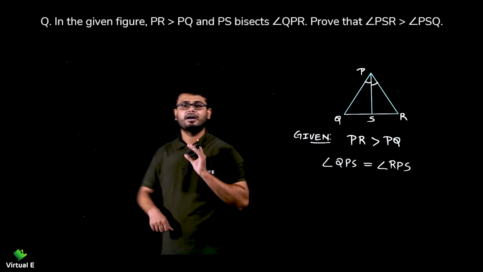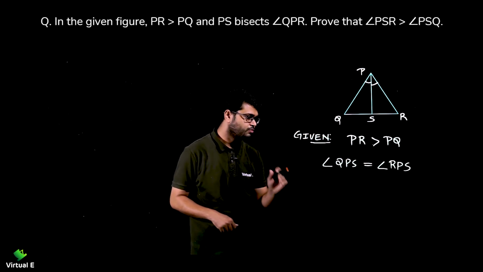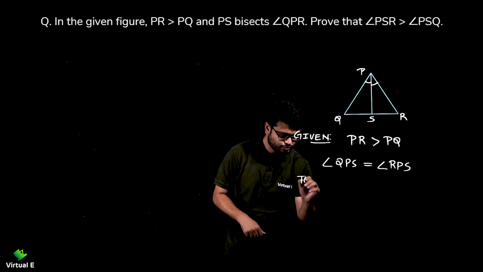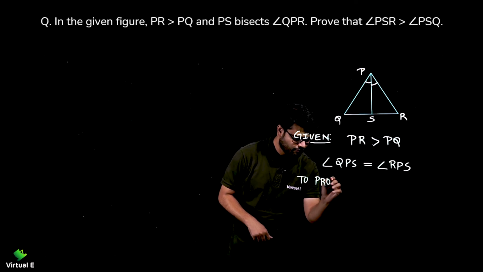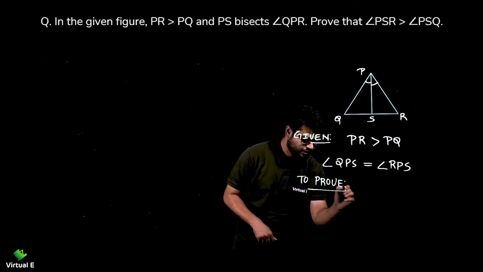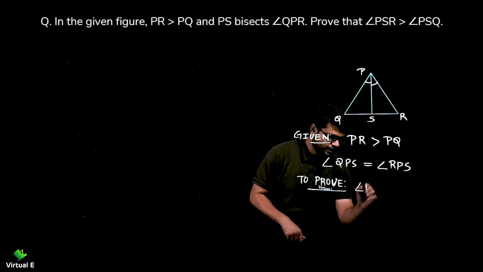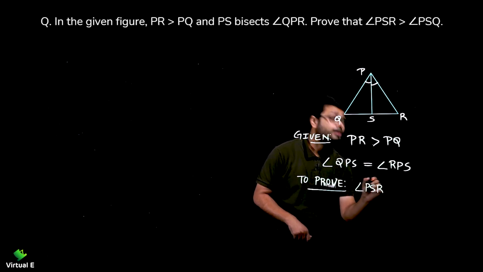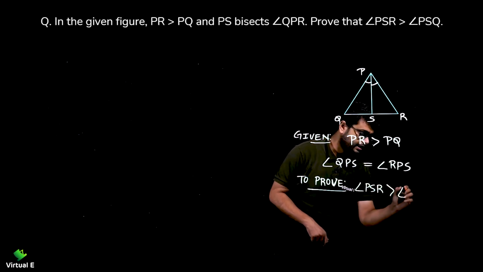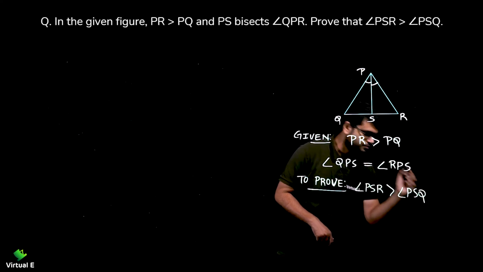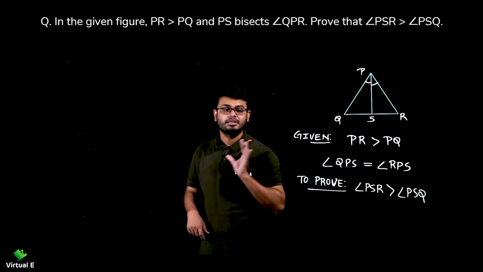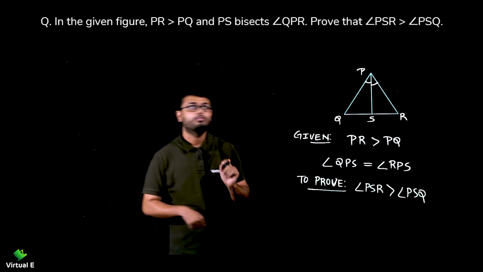These two angles are equal. So this is the given condition, and what we need to prove here is that angle PSR is greater than angle PSQ.